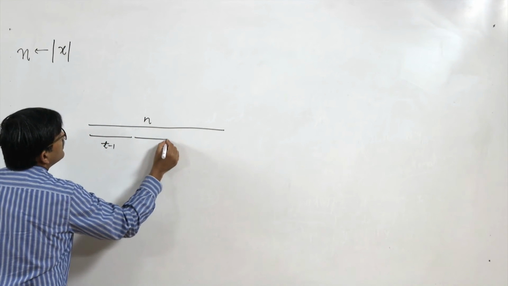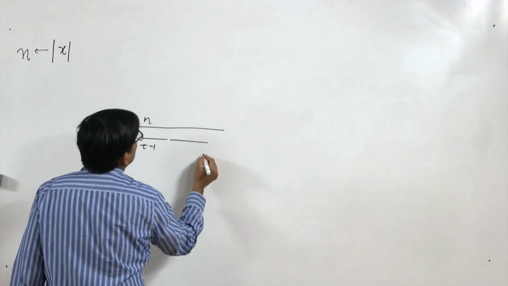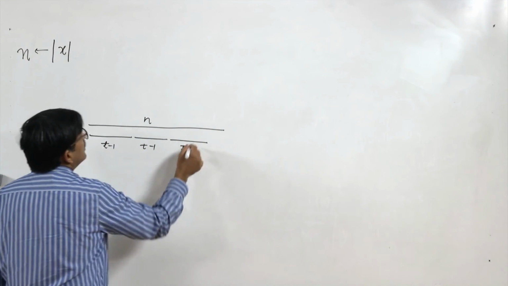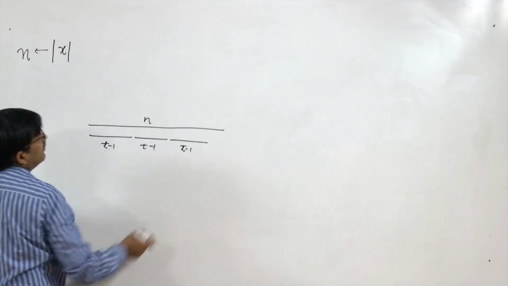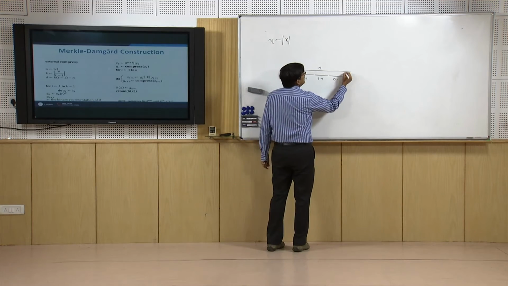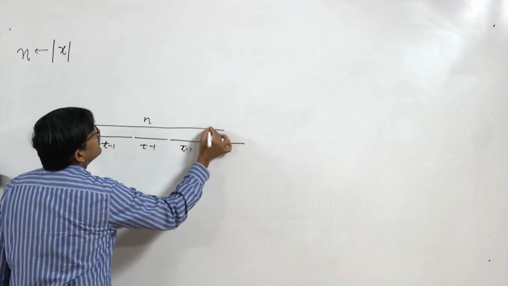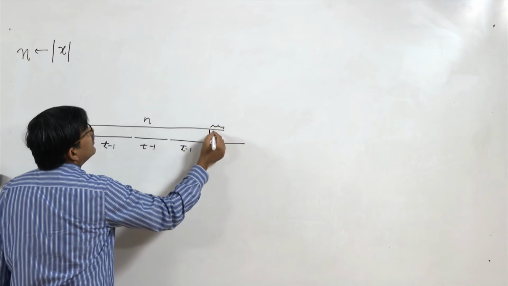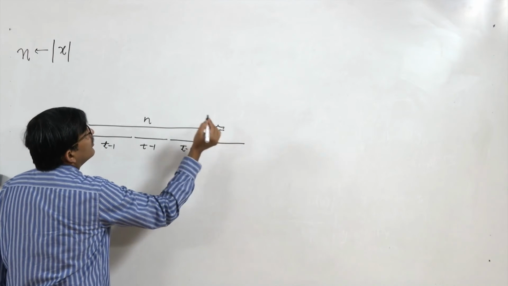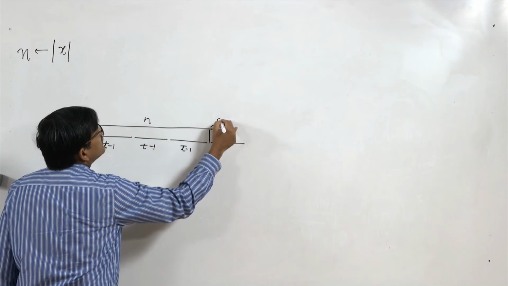When we are dividing, we will come up to some integer multiple of t minus 1, and at the end we will have a position here which is the remainder, whatever many points are over here, that is the remainder, that is called d.